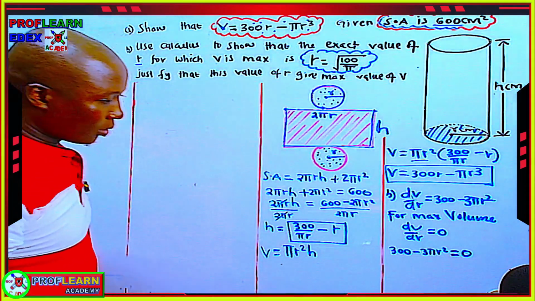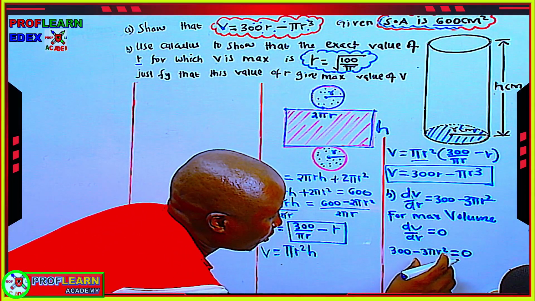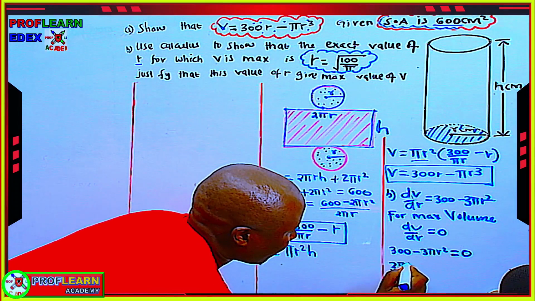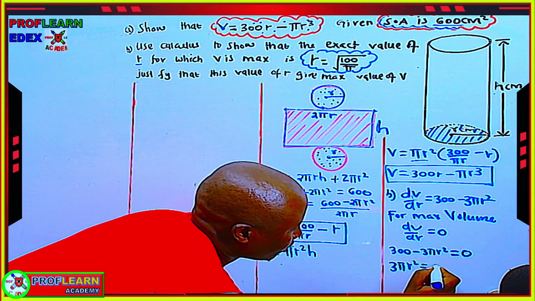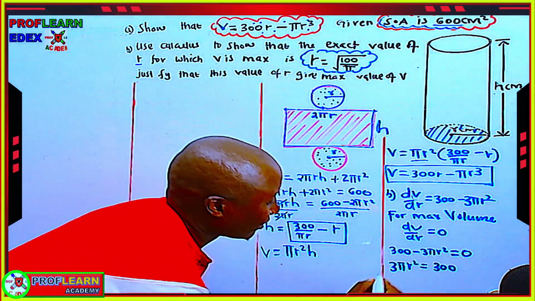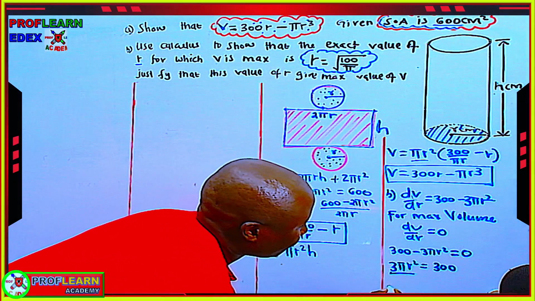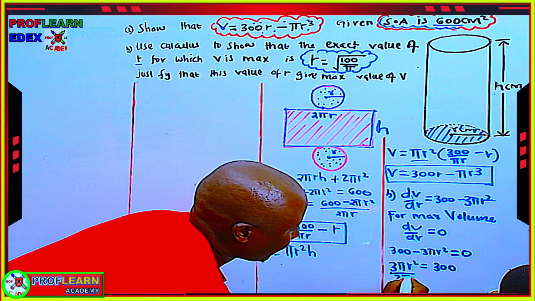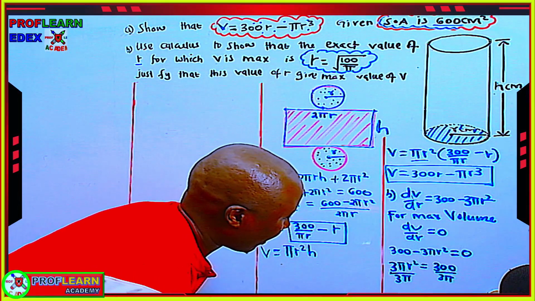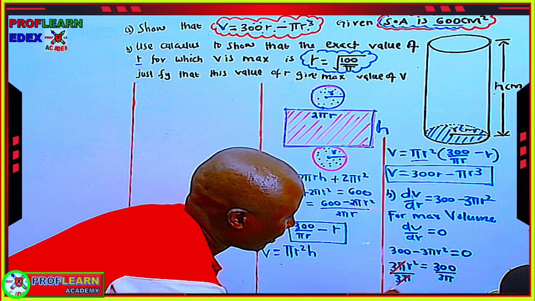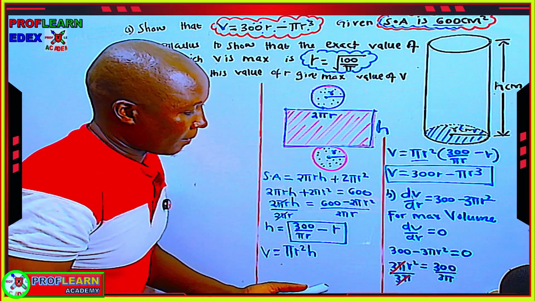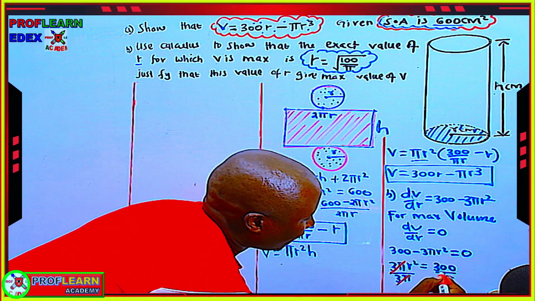If you take this to the other side, we remain with 3 pi r squared is equal to 300. At that point, if you divide by 3 pi, we have the equation r squared is equal to 300 over 3 pi.